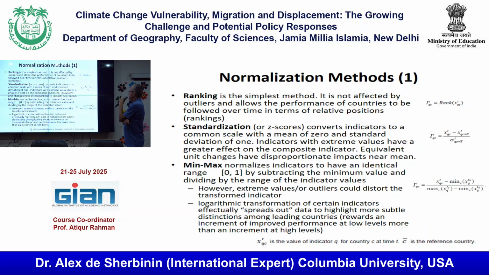Standardization or z-scores is what I mentioned before, and one of the issues is that if you have really extreme values for some of your indicators, then those will disproportionately influence the result. So if you're averaging z-scores across multiple variables in an indicator or a subcomponent of your index, the one that has the widest spread is going to have the greatest impact on your overall score.